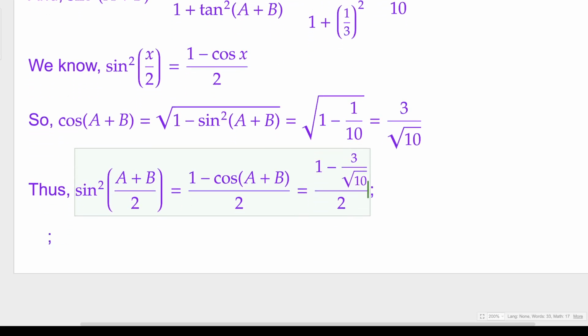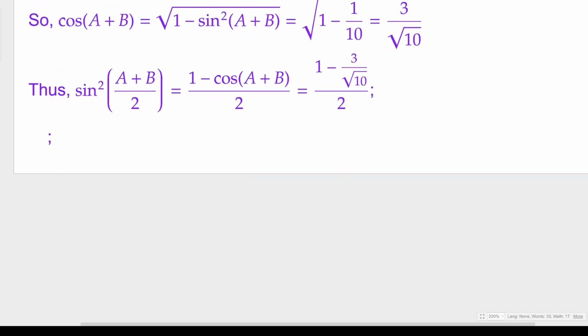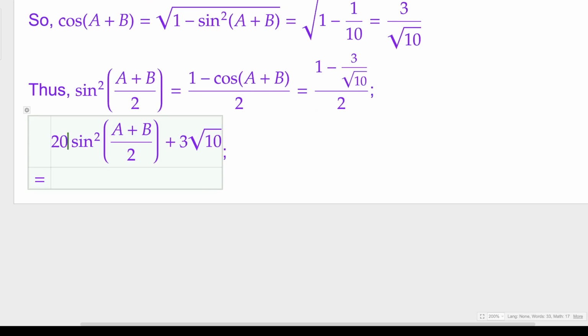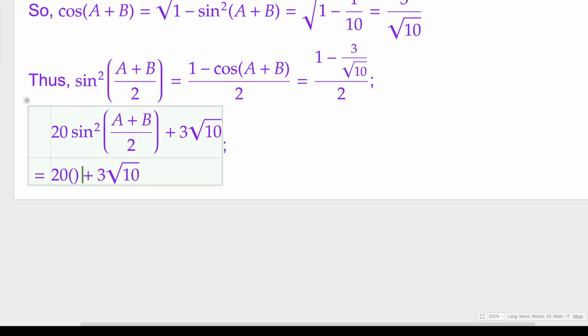This is the expression that we need to compute, so I'll copy this expression as it is and put it over here. This value is something that we already have, so I'll take this expression and plug it within the parenthesis.